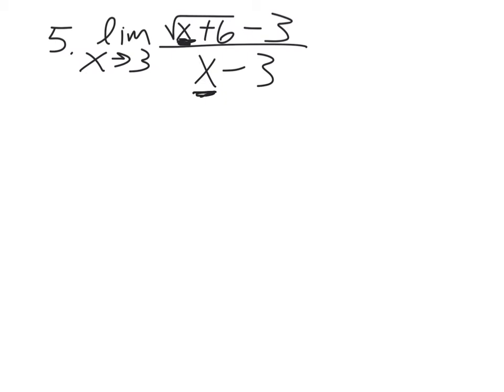Now, how do we simplify this radical? Mainly the top part is a good indication of what to do. We're going to need to multiply by the conjugate. We need the opposite sign.